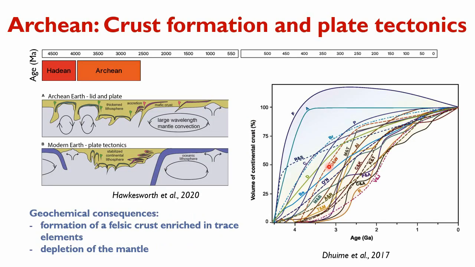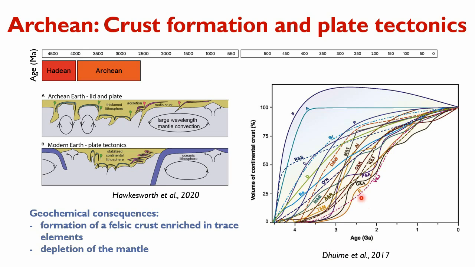During the Archean, so starting from about 4 billion years up to roughly 2.5 billion years, at some time during that period, continental crust was formed. So we see here on the right-hand side a schematic figure done by Bruno Dhuime in 2017.